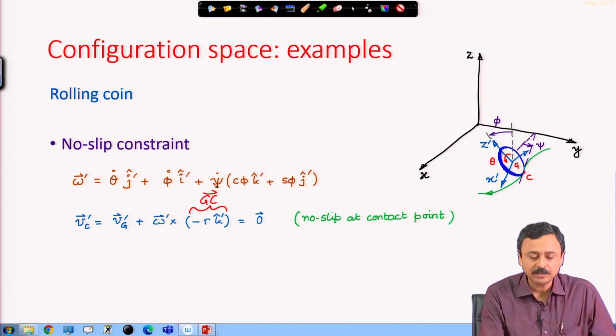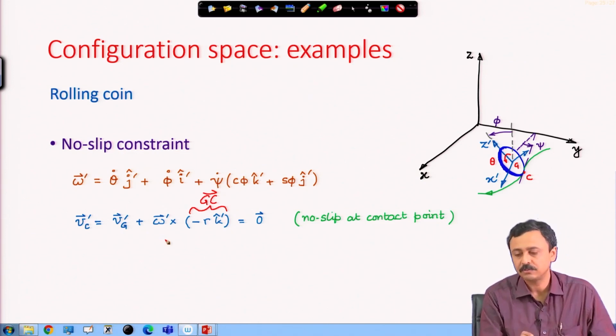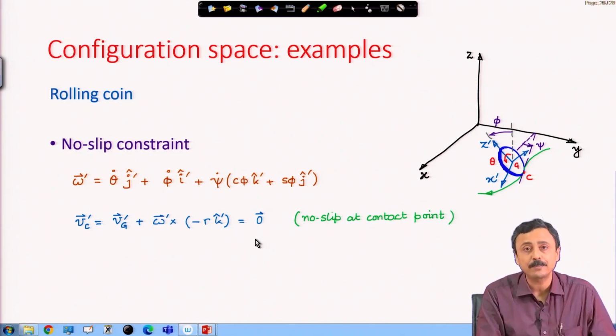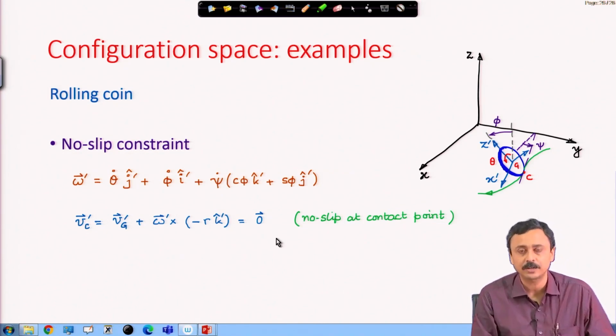Velocity of the contact point therefore is velocity of center of mass plus omega cross the vector g c. Write every vector in the primed frame and you will get this velocity of contact point, and that must be 0, the absolute velocity of contact point must be 0. This is the no slip condition at the contact point.